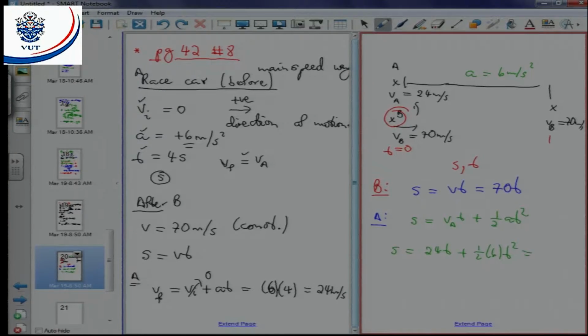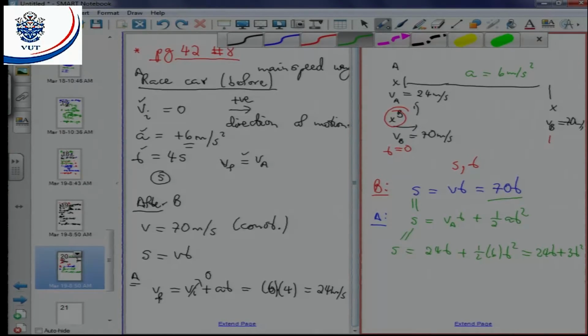So combining these two, we get 24T plus 3T squared. But we said that the distance S is equal for both A and B. So equating these two equations, we have 70T equals 24T plus 3T squared.